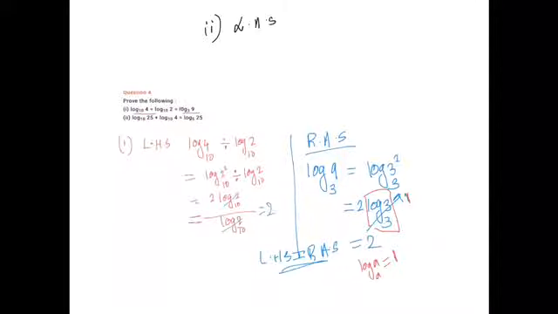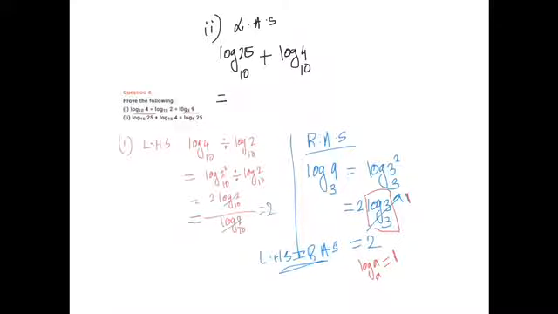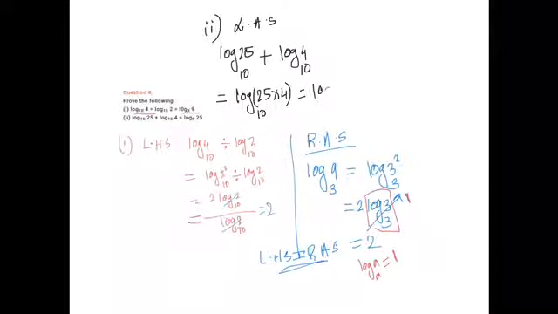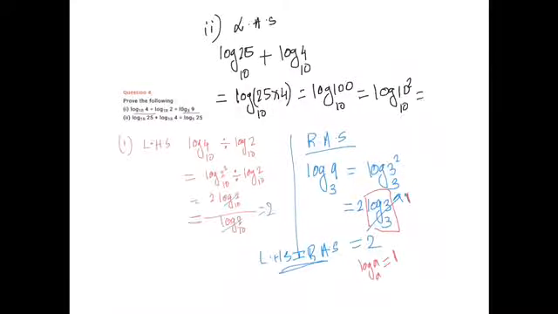LHS is equal to log 25 base 10 plus log 4 base 10. What happens if there is an addition, it gets multiplied. Which is nothing but this, this becomes 1. My answer is 2.